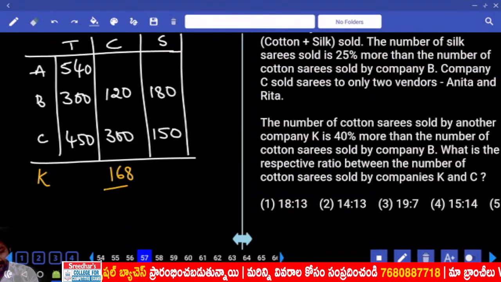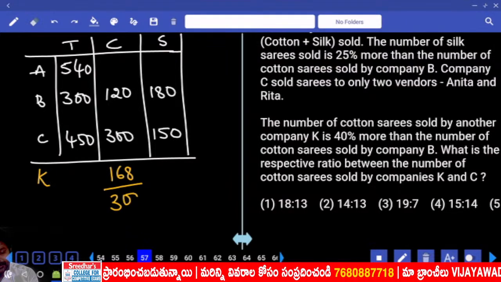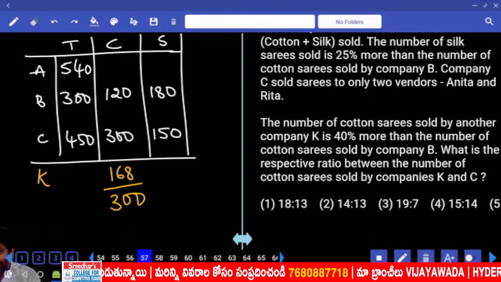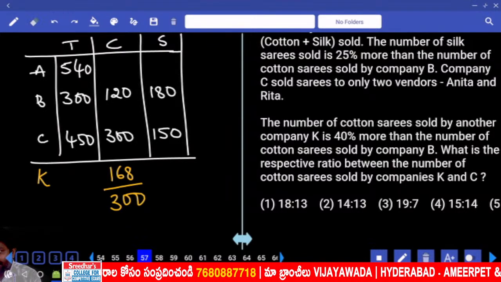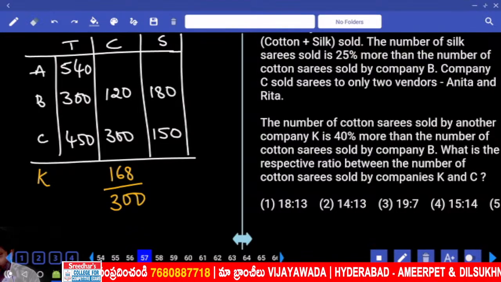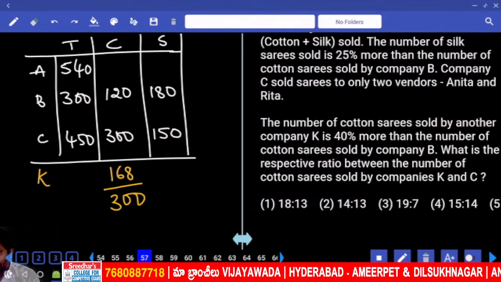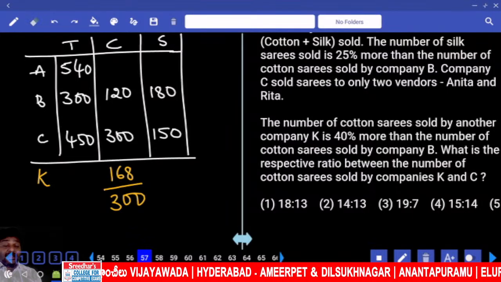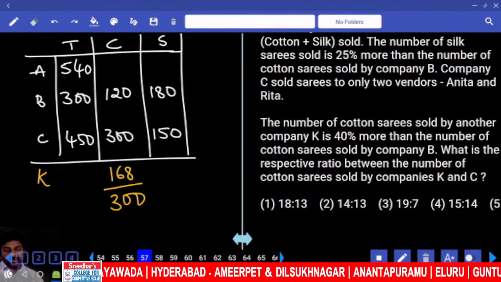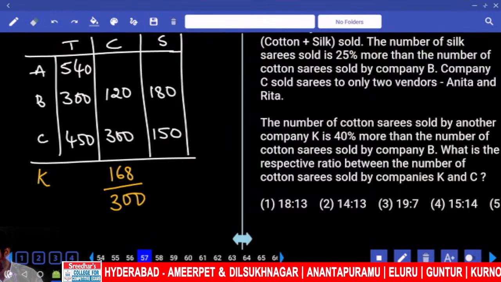What is C value? 300. While writing the number 300, second number is a 25 multiple because of last 2 zeros. Your first number, 168, is not even a multiple of 5. So your second number should be a multiple of 5 squared, which is there in only the 5th option.